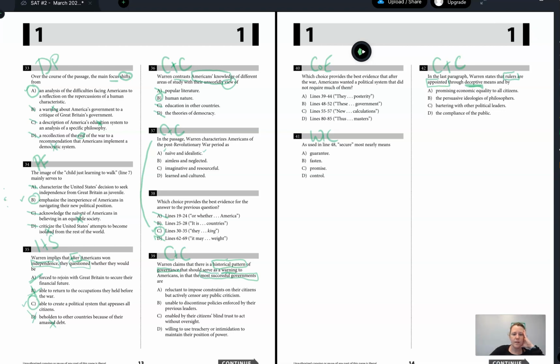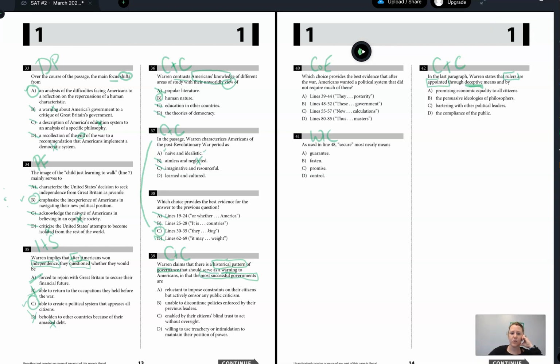Aimless and neglected. I think even if you tried to argue aimless, the neglected would be problematic. We haven't been neglected. We chose our independence. Imaginative and resourceful. This seems to be oppositional because it seems to be saying that we are ignorant and don't know what to do next, which would be the opposite of resourceful enough to figure out what to do next.